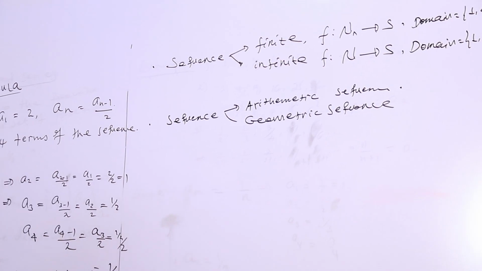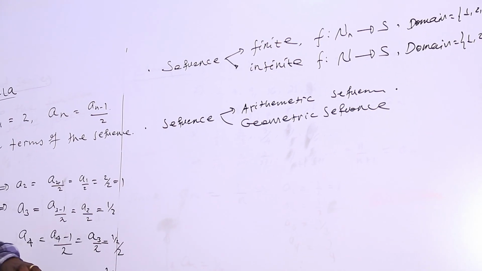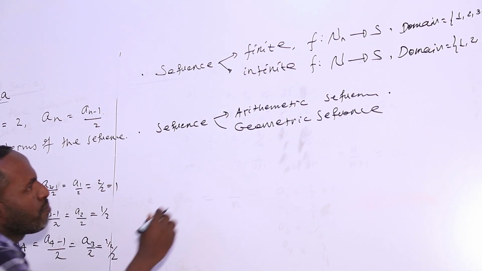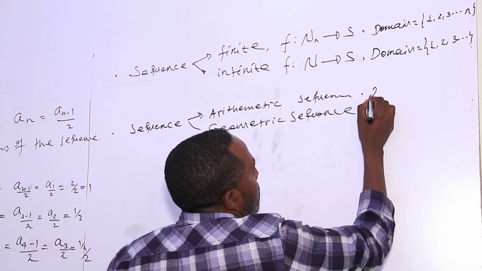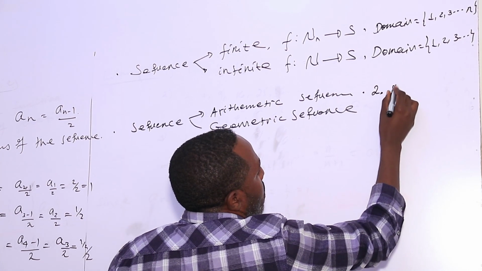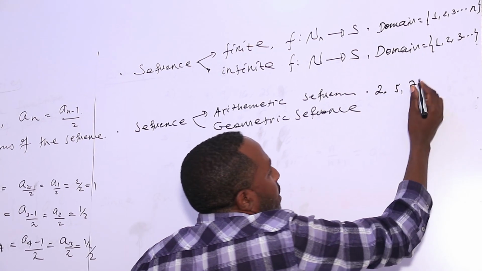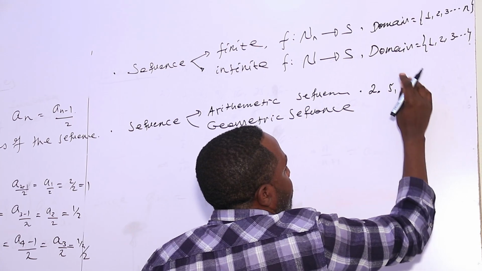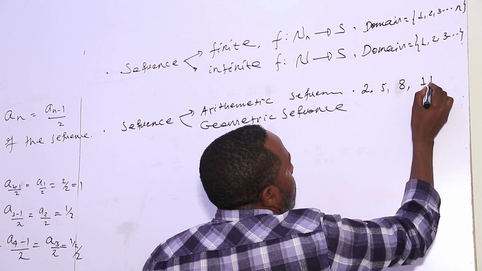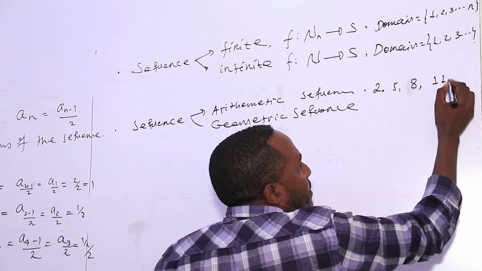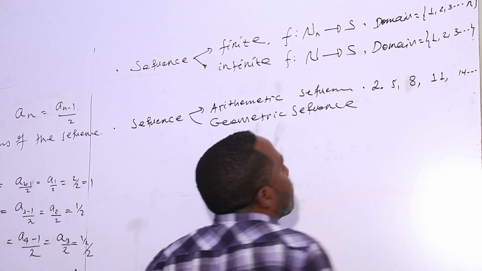Meaning we can have a sequence with some pattern. For example, in an arithmetic sequence, the numbers are 2, 5, 8, 11, 14, and so on.